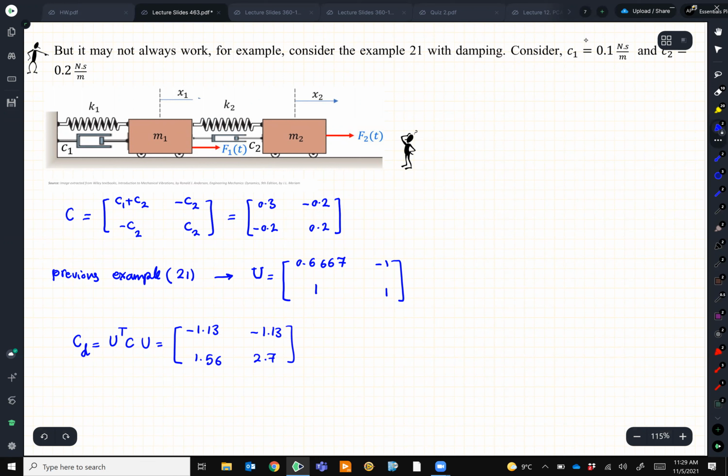And please again, check my calculations, make sure it is correct. However, the point is, the matrix is not diagonal. So this is what we will say.